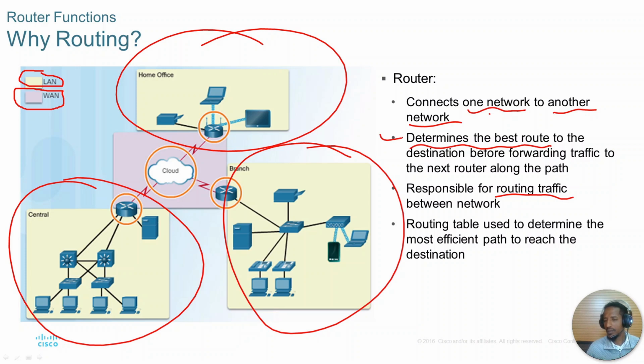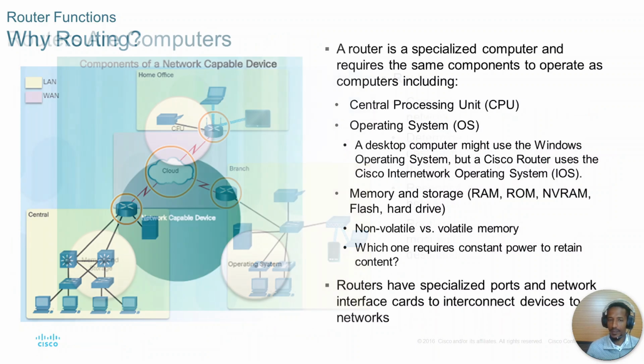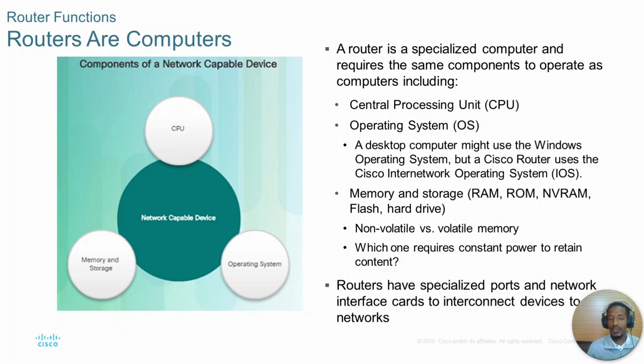In order to do that, routers usually have some tables, which we will see in the future. They have their own routing tables. Routers are more or less similar to PCs. Why do we say that? You know that PCs have CPUs, operating systems, and memories.